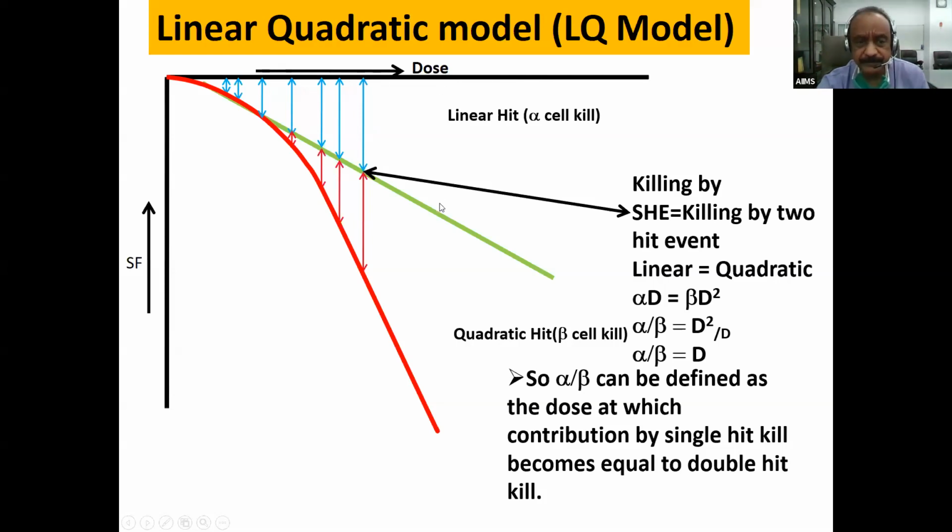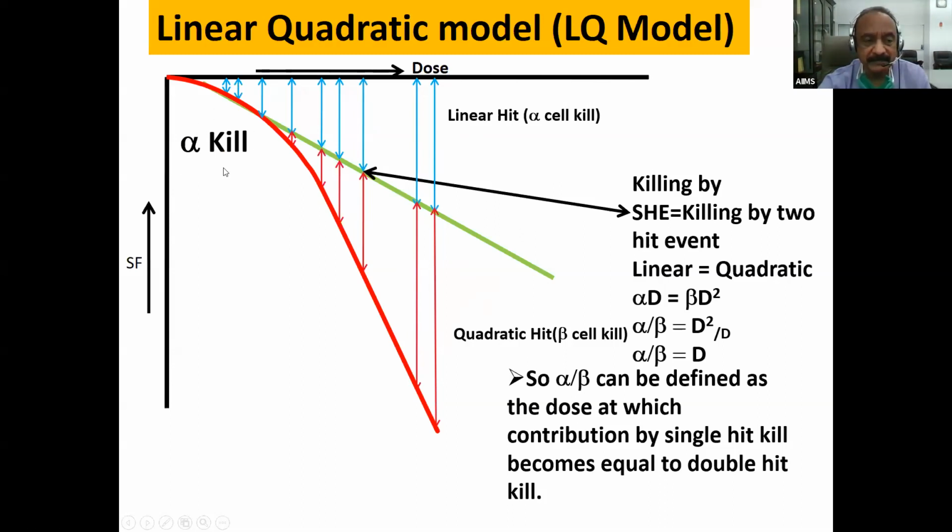When you further increase the dose, you see there is an exponential increase in the contribution of cell kill by quadratic hit. So after this dose, it is mainly the quadratic hit which contributes to cell kill, and the relative contribution by alpha is very less. So we can say that in the low dose region, it is primarily alpha kill. In the high dose region, it is primarily beta kill.